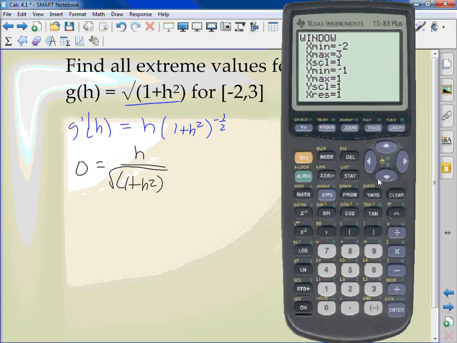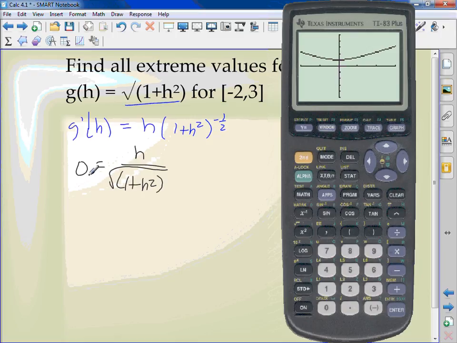So I'm too zoomed in. I'll change my y. Let's go negative 5 to 5. What happens? I have an extreme value here, an extreme value here, and a minimum here. What is that value?